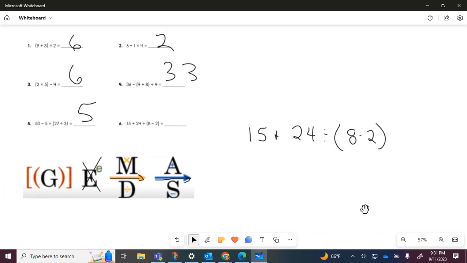Okay, so again, I've got my parentheses, 8 minus 2. I'm going to do this up here instead because I wrote too far down. So 8 minus 2 is 6.